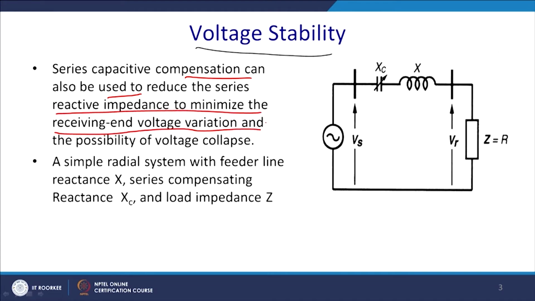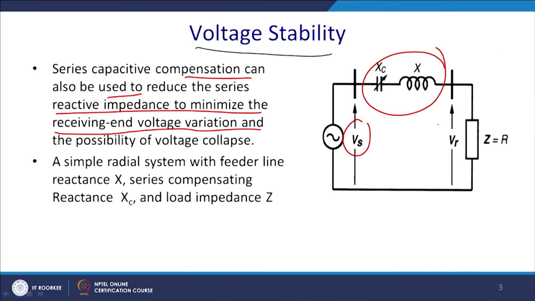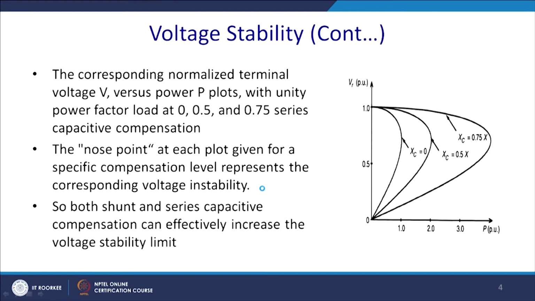Since this impedance value is decreased, Vs becomes close to Vr, that is the basic principle, and thus it prevents the possibility of voltage collapse. A simple radial system with feeder line reactance X, series compensating reactance X and the load impedance ZR is considered. So, see what happens with the different values of X.